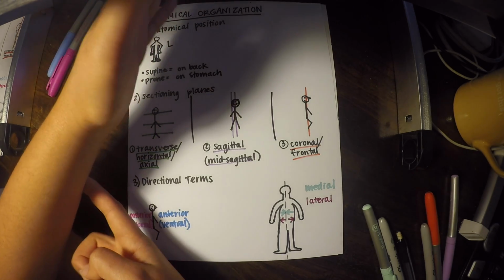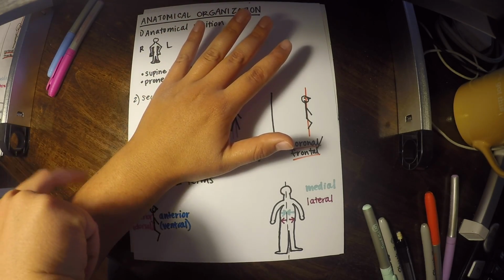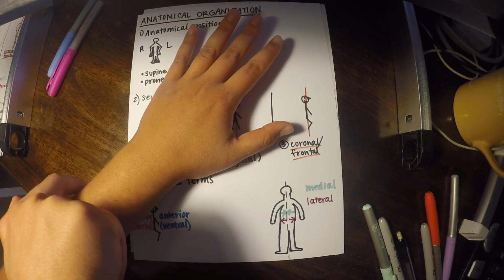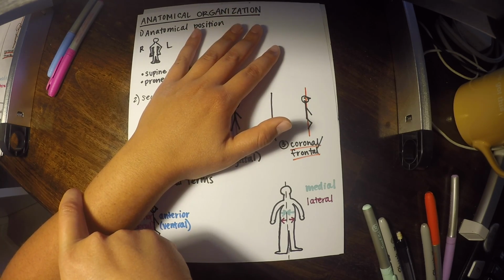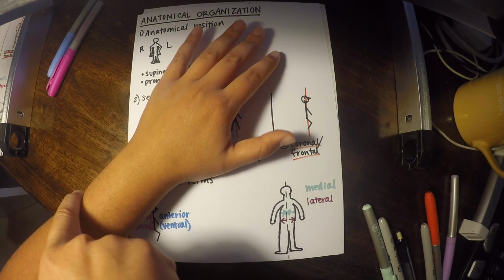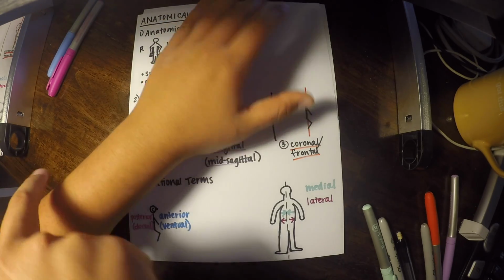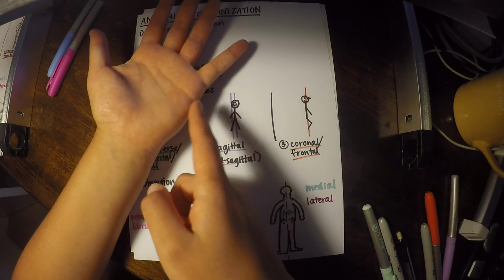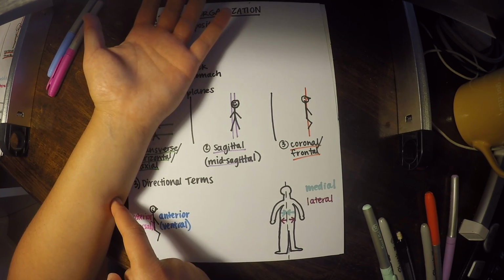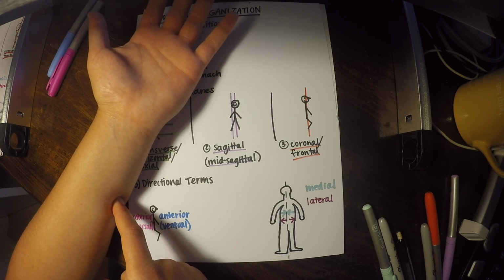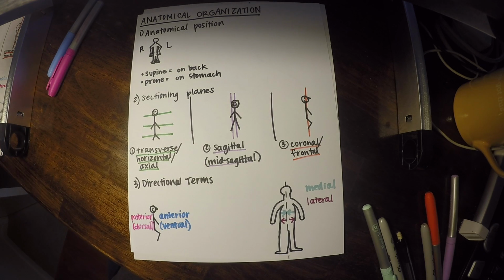But if someone shows you their forearm like this and they say, oh, I have pain right here on the pinky side, it seems like, oh, that's away from the midline of your body, so it's going to be lateral. Nope, you have to bring them back in your mind, bring them back into anatomical position, and if you have pain along that pinky side, okay, that's going to be medial pain, or pain on the medial side of your forearm. All right. Now we have a few more terms that we're going to learn as well.